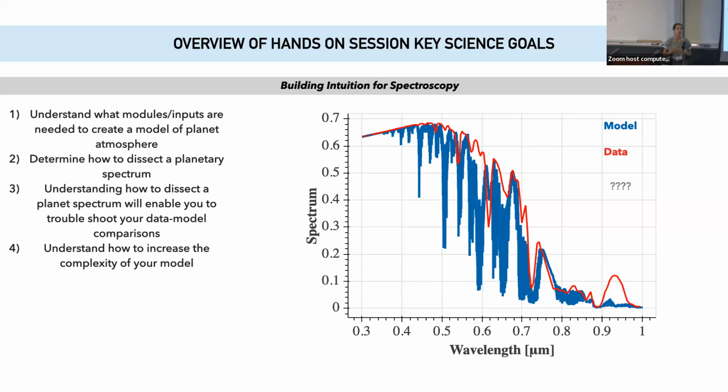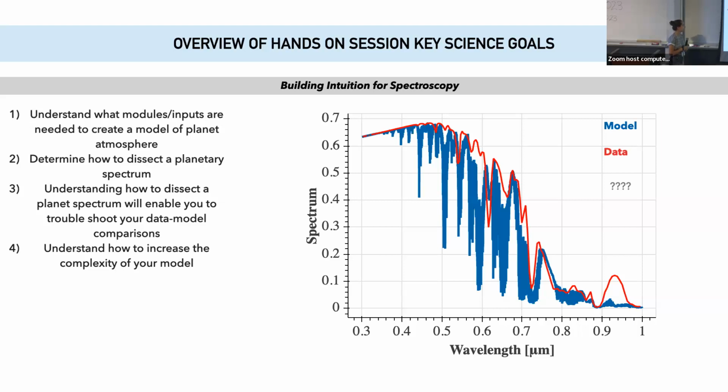This means not just creating the spectrum, but understanding what you're looking at, what molecules are creating the absorption features. By understanding those resources, when your data doesn't match your model, you can use your intuition to point yourself in the right direction.